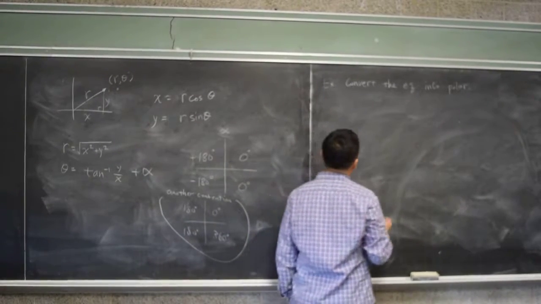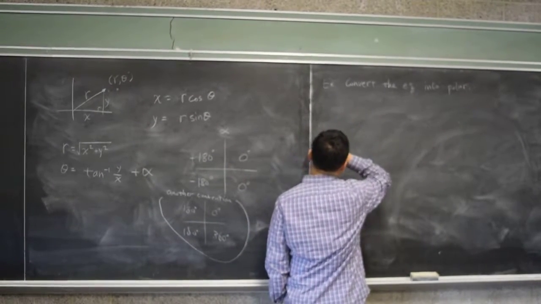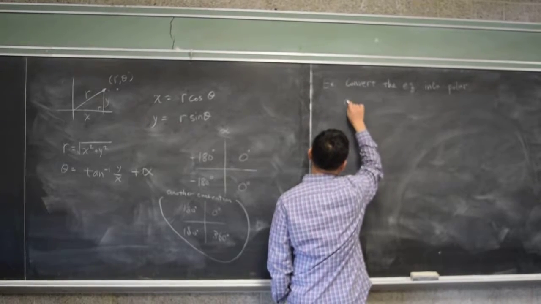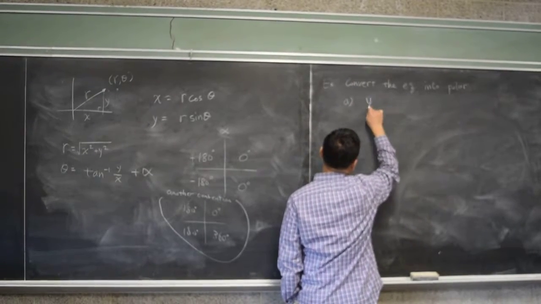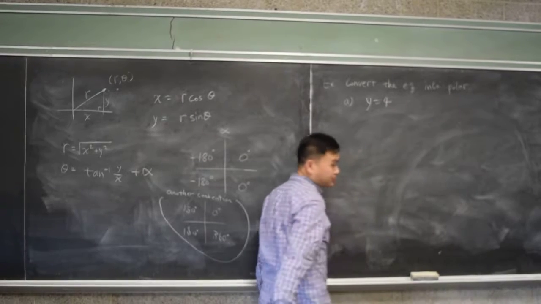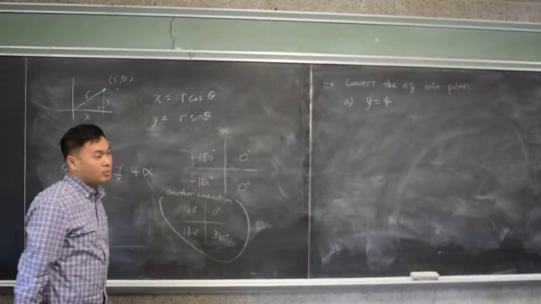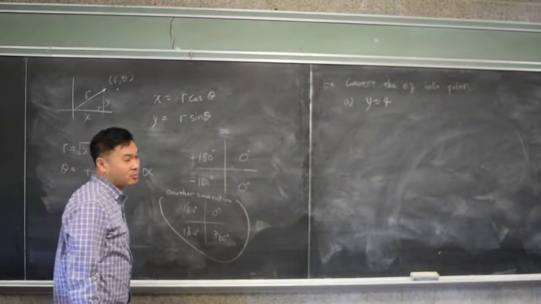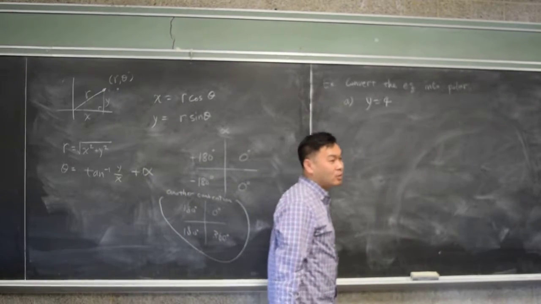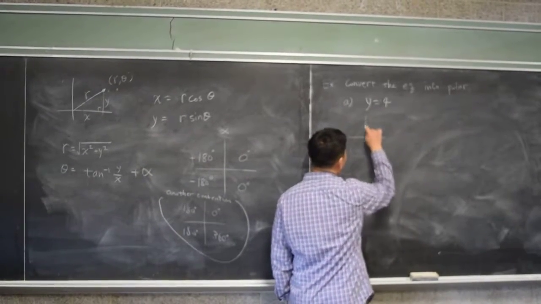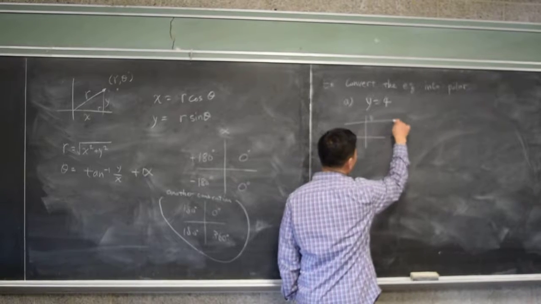Let's think about y equals 4. What kind of graph does this have? Y equals 4. Horizontal line. Okay. 4. Like that.